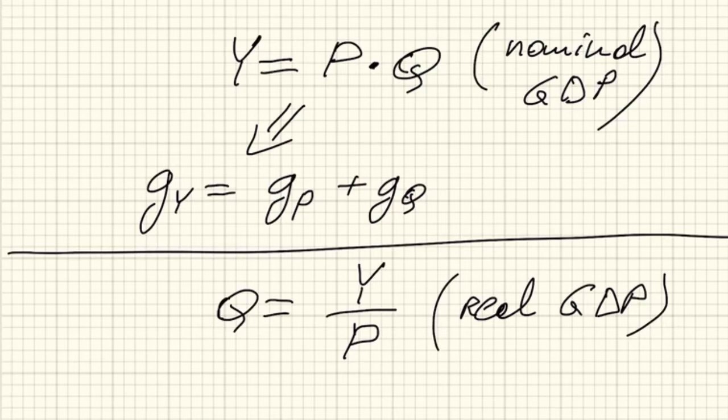Let me explain the difference between the two. But before we talk about the difference, we can write out the growth terms: growth rate of real GDP is equal to growth rate of nominal minus growth rate of price level. So this is very cool how it's done, because it's based on our previously derived mathematical manipulation.